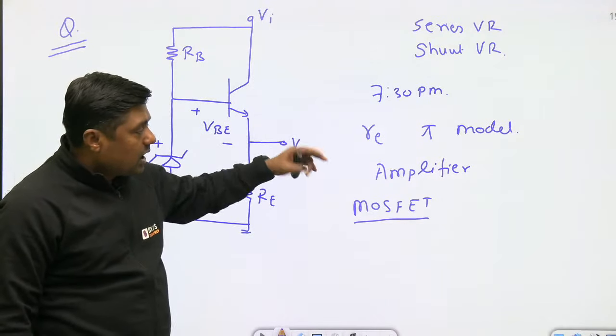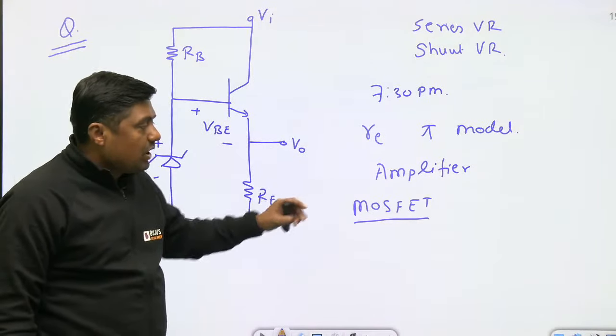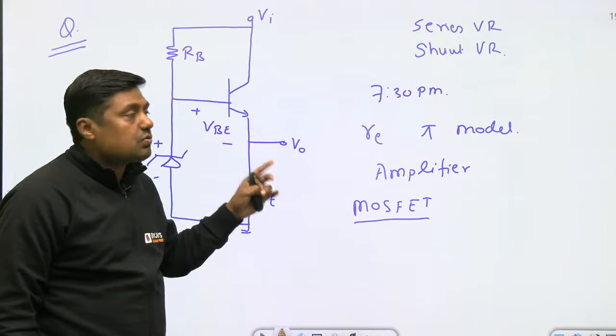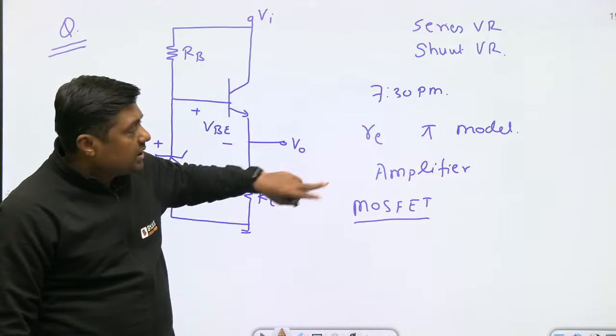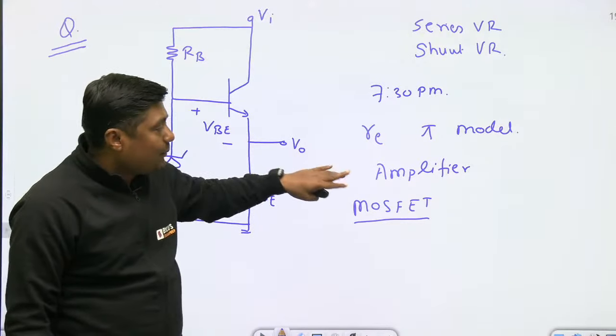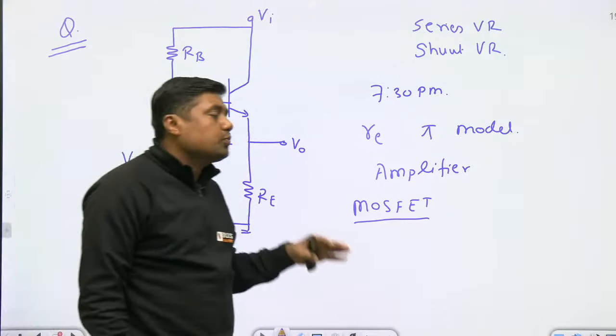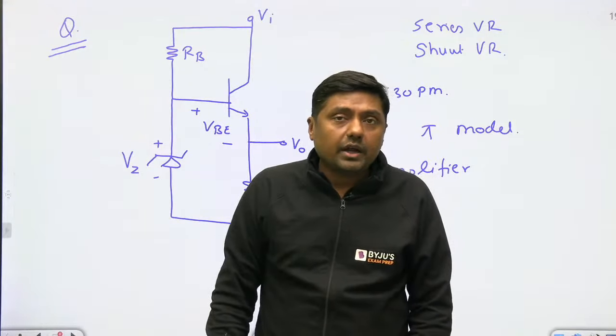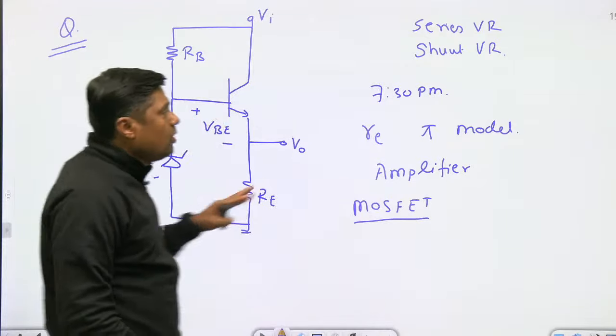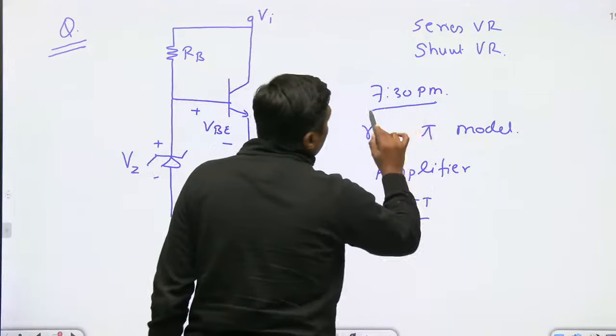Sometimes they will ask to find the Thevenin's equivalent of the common source, the common drain, the Thevenin's equivalent of the BJT, that is the re model, pi model, amplifier, input resistance, output resistance, voltage gain, current gain. So this type of questions. Tomorrow 7:30 p.m. sharp on the same channel.